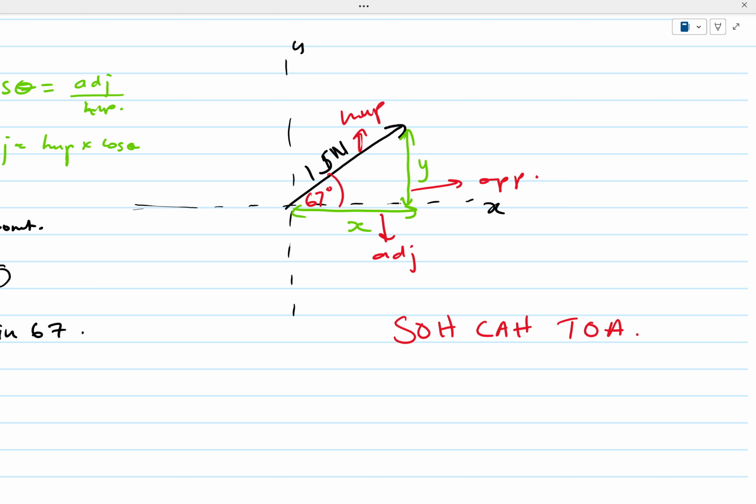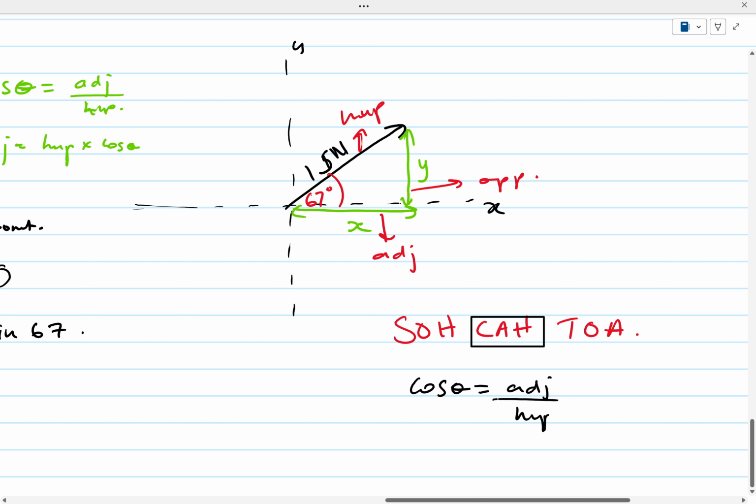We're looking for the x component of this 15 newton vector. The best thing to use would be our cos. Cos theta is equal to the adjacent over the hypotenuse.